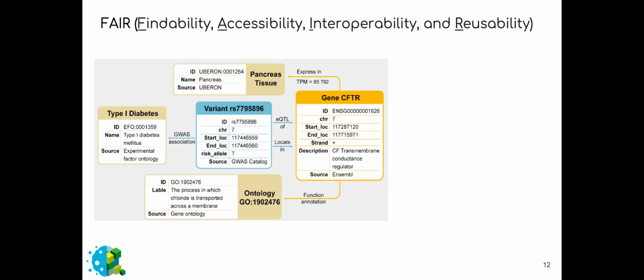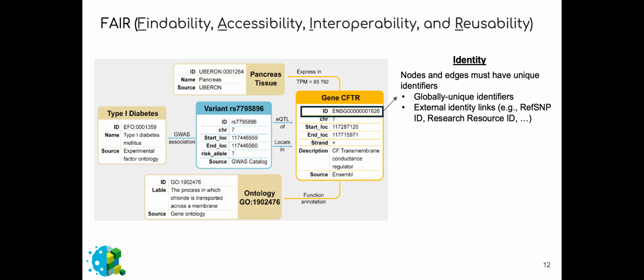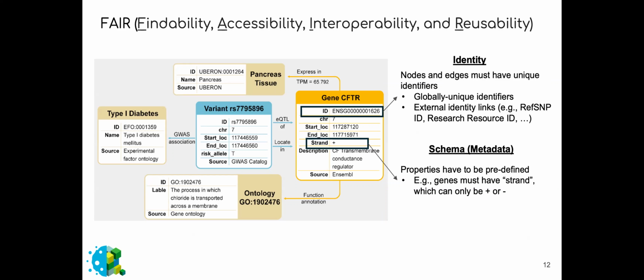We also follow the FAIR principles. We want to make sure all the knowledge and data are findable, accessible, interoperable, and reusable. For doing that, we carefully identify the identities for every node. We have unique identifiers for them, like genes, variants, and diseases. They all follow some identifiers. We also have schema or metadata defined. For example, for a gene, we need to have the strand information defined.